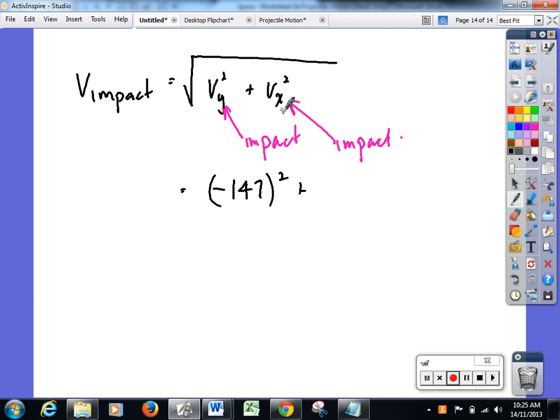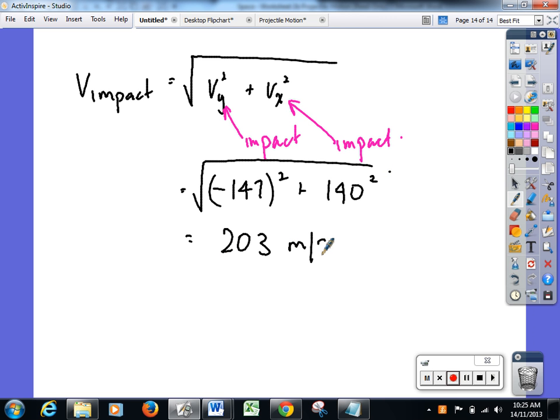It's the same as Ux, which is the same as U, so it's 140. And what is the value for that, please? 203 metres per second.